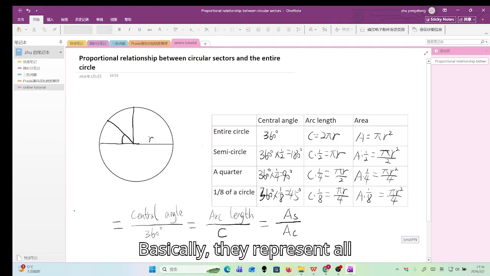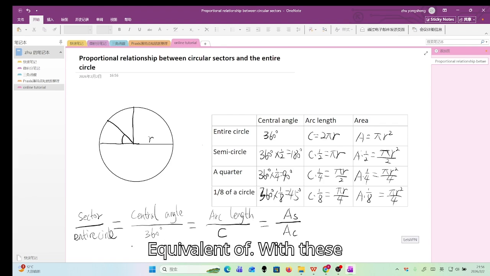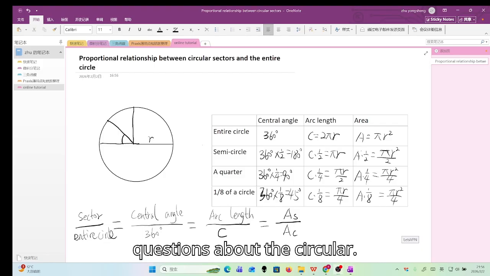Basically, they represent the sector over the whole, entire circle. So with this proportion, we can solve different kinds of questions about the circle.